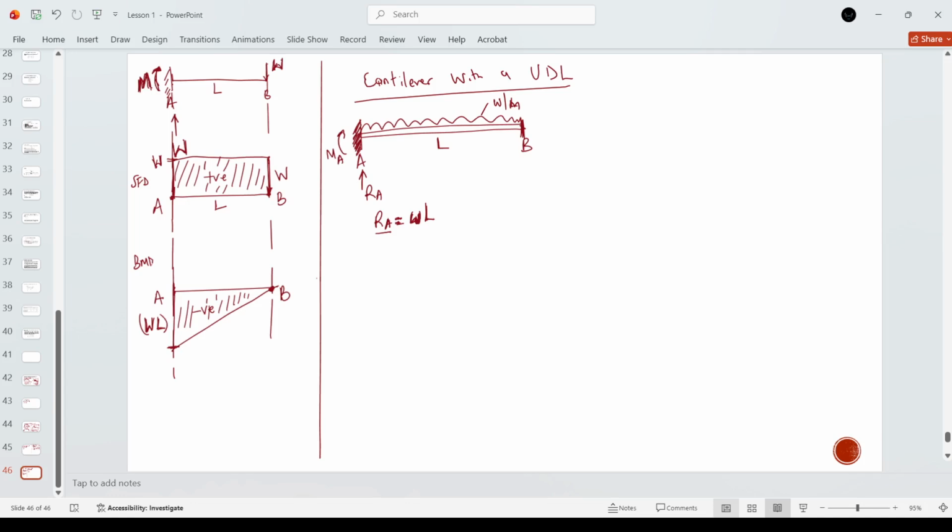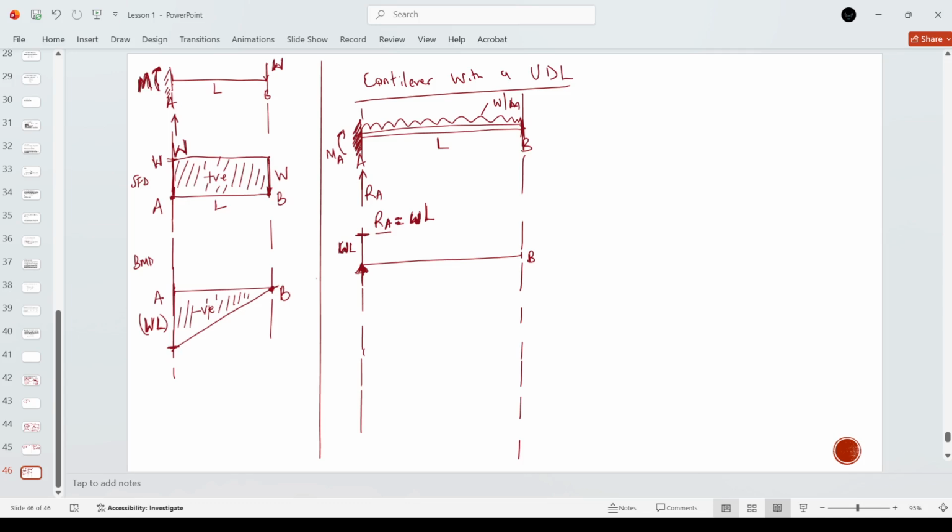So if we are to draw our shear force diagram, we would do it like this. We have A, we have B, then if RA is WL, then we'll have WL up to this point.